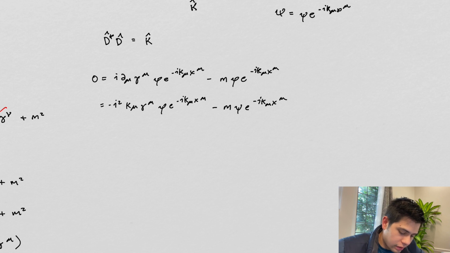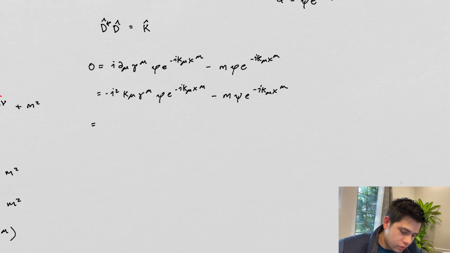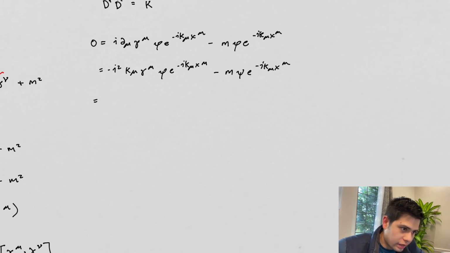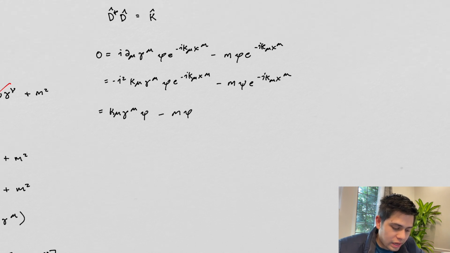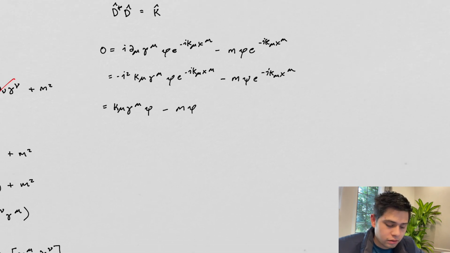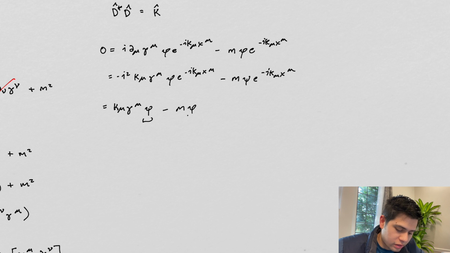Right, well, if both sides equal 0, then we get that this is k mu gamma mu psi minus m psi. And lo and behold, we have our Dirac equation again, where these things are spinor objects.